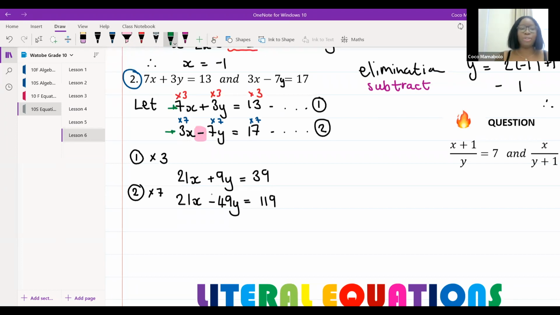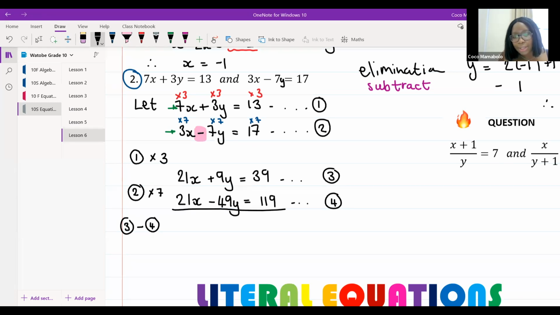Hence the name, thank you, Teacher Cat, elimination. We want to eliminate one of them. Right, now I can easily write, I'm going to call this one equation 3, and I'm going to call this one equation 4. All right, and then my next step is going to be equation 3 minus equation 4.